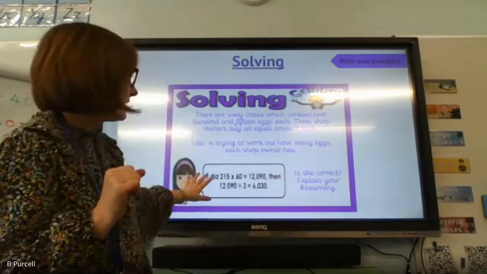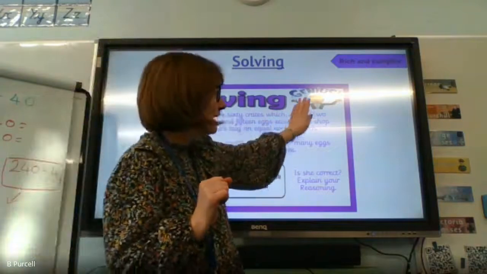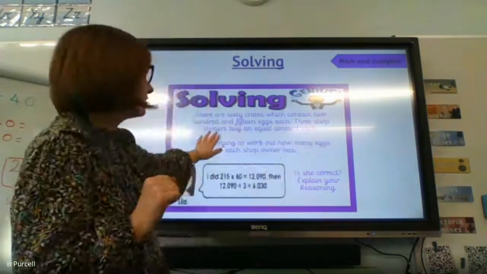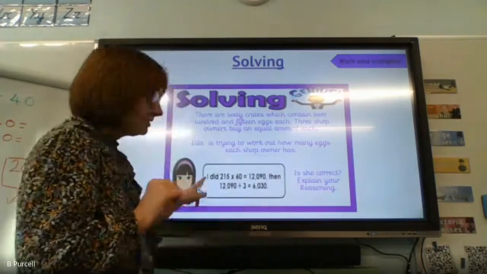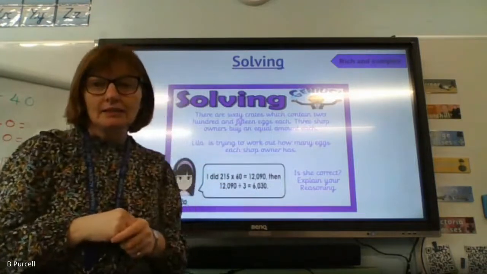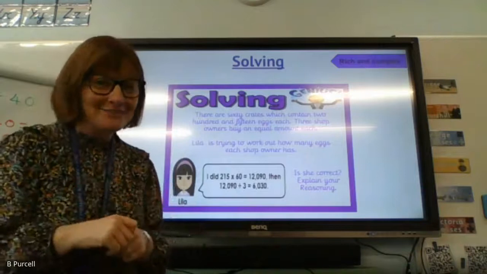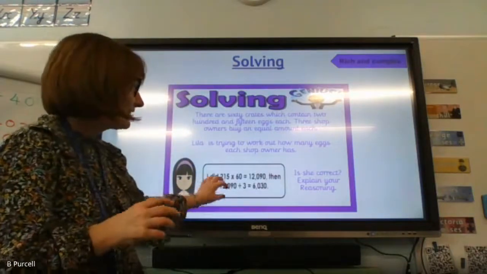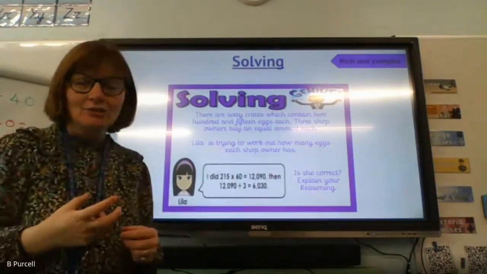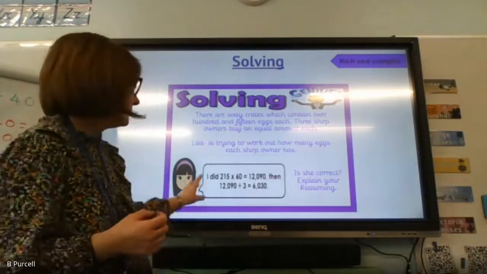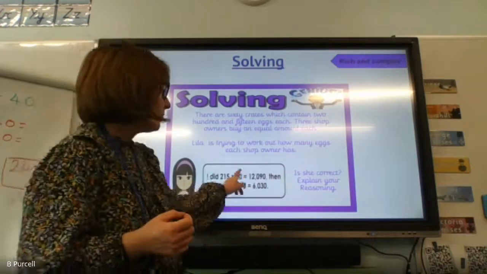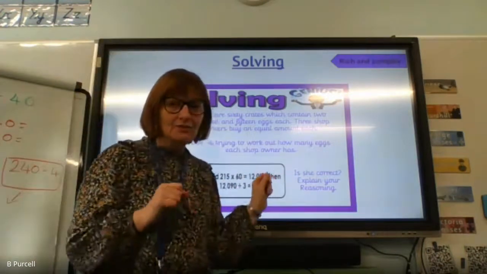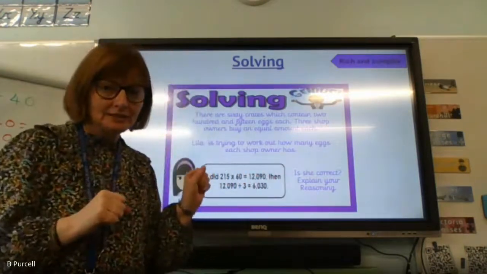She's used the correct method. She's multiplied first and then divided by the 3 shop owners, but she's then possibly made a mistake in her calculation. So you need to follow through her calculation. So you need to multiply 215 by 60, and then whatever answer you get, you divide that by 3.